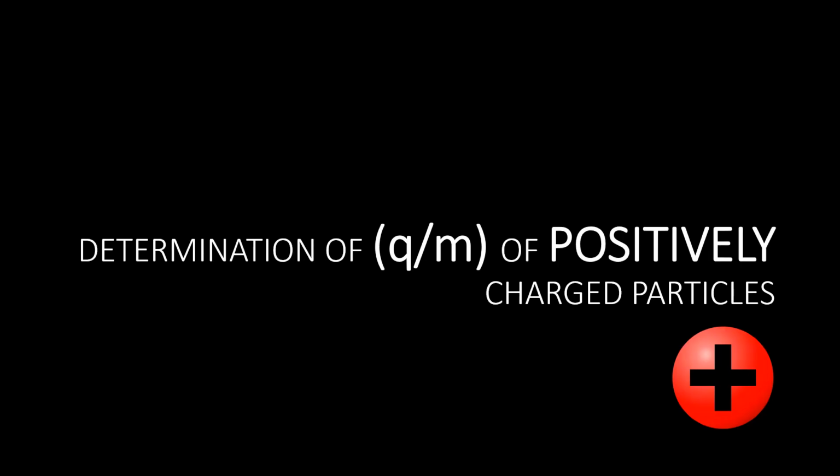Now, let's look at another example of a spectrometer, where we are going to learn how to determine Q over M for a positively charged particle.